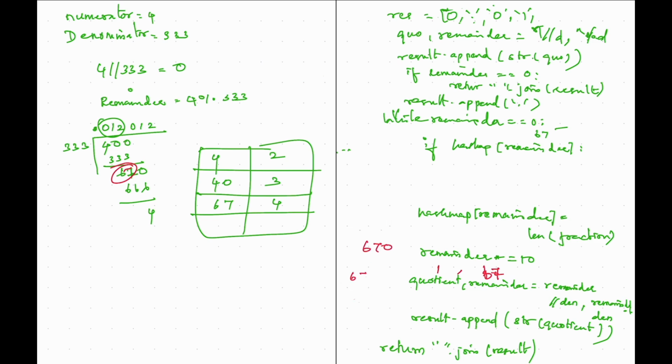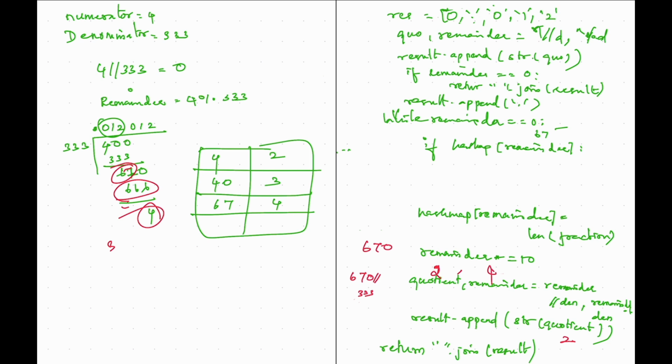So 670 divided by 333 will give you 2 as a quotient, and again 4 as the remainder. See, 333 times 2 will give you 666. Again 4 is coming. Now the string gets updated with 2 in the result.